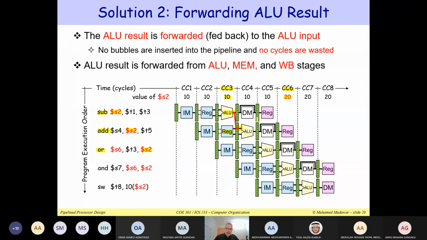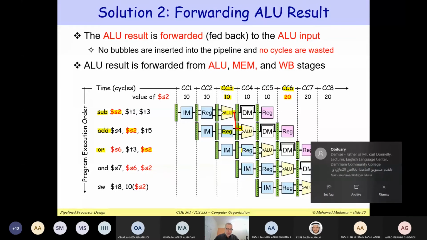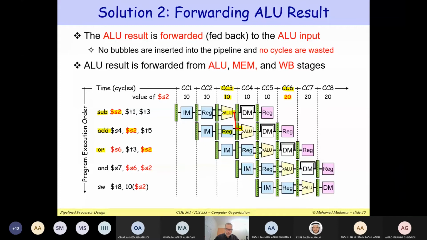Now, the subtract instruction is now in the memory stage. Okay, so by the time the OR instruction has reached the second stage, of course, the value is still old, it's 10. So if it's going to read it from the register file, it's going to read the old value of S2, but that's okay. It's not going to use the old value, it's going to use the new value of S2, and therefore we forward.